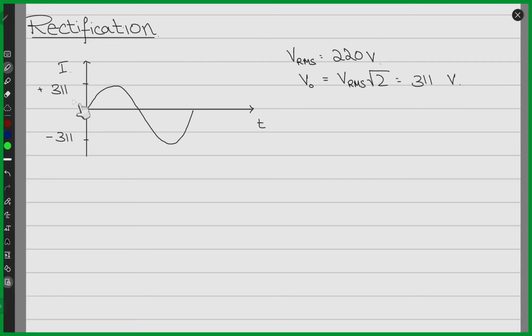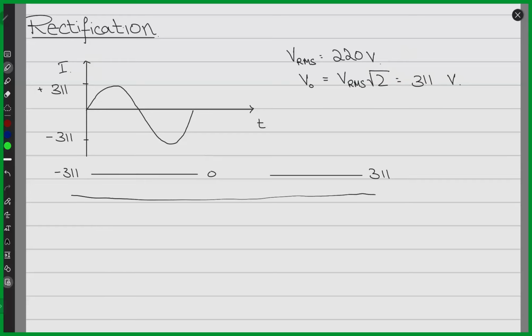If you were to measure this gap between these two numbers, it's a big gap, right? From 0 to 311, and then on this other side you have minus 311. This gap between these two voltages is huge.